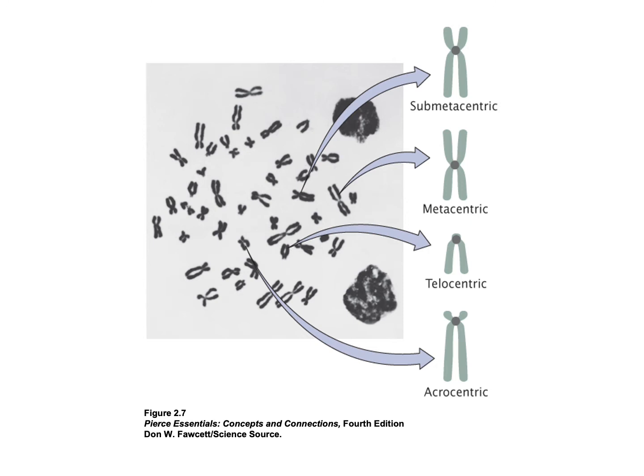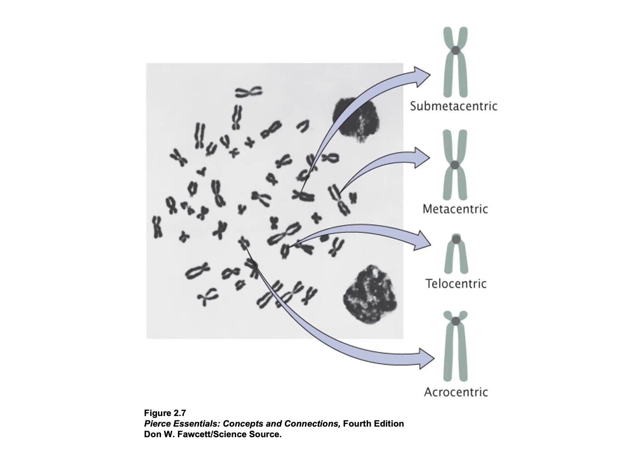When you have a centromere that is smack dab in the middle of the chromosome structure, where you have roughly equal amounts of chromosome on either side of the centromere, this is referred to as a metacentric chromosome. It means that the centromere is smack dab in the middle.